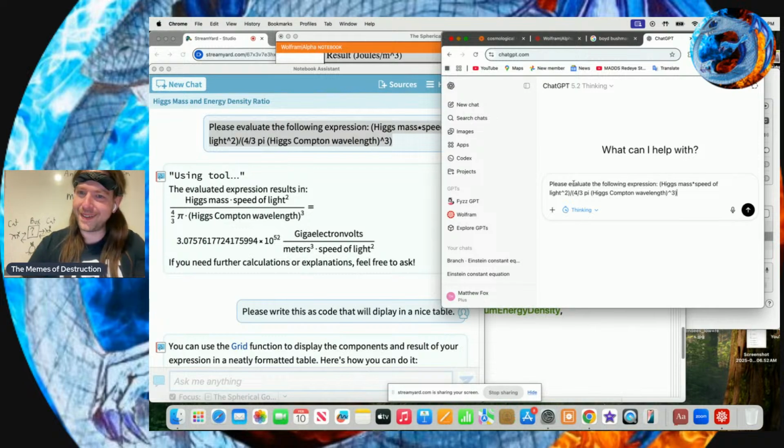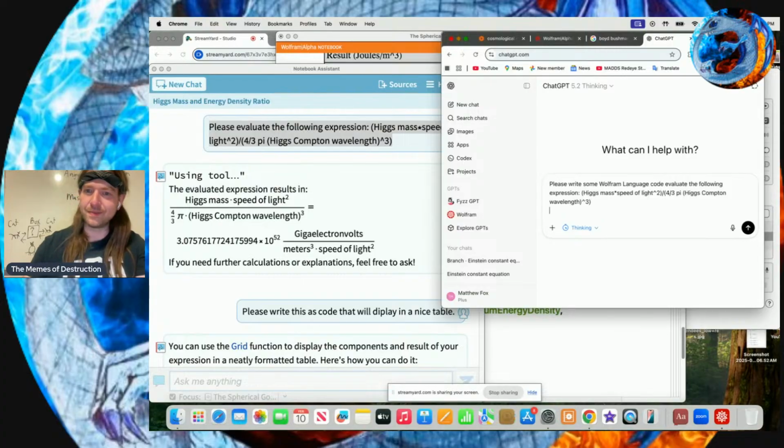Please write some Wolfram language code to evaluate the following expression.